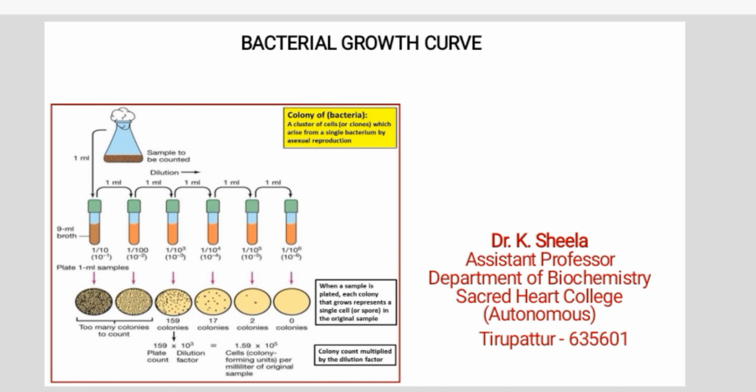Initially, for example, 1 ml of the bacterial culture is diluted into 9 ml of water, which makes 10 ml, a 1 by 10 dilution, or 10 power of minus 1.